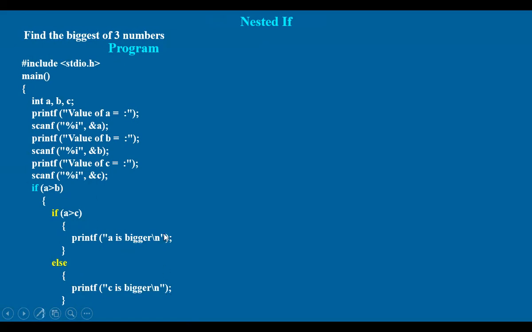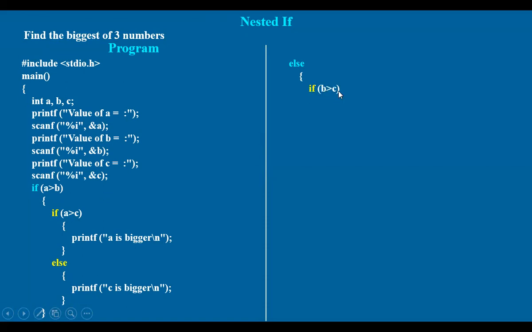Now, otherwise, suppose A is not greater than B, what happens? We go to else here, the other condition. Here in this case, B is bigger compared to A. But we have to compare that B with C also.